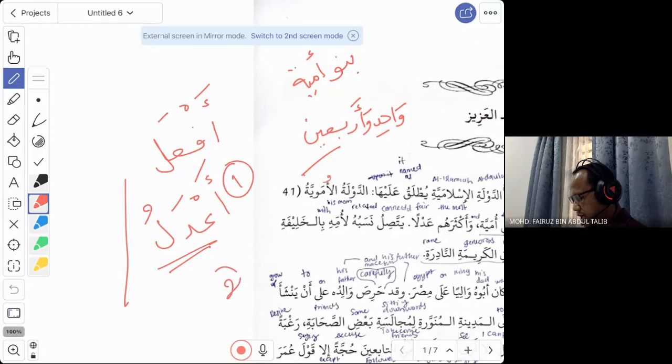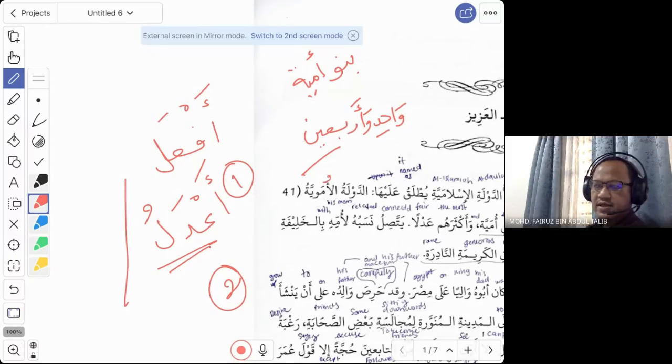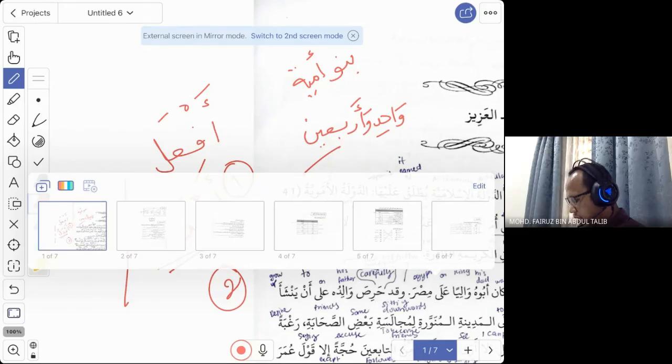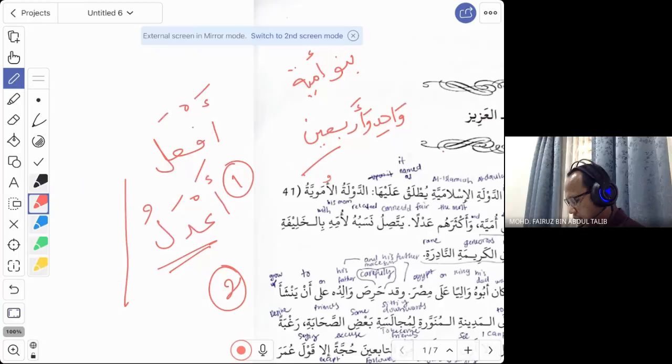The second way is by having a helping verb, an additional word. The additional word here is akthar. So this is the helping word, akthar, followed by the masdar of the word.